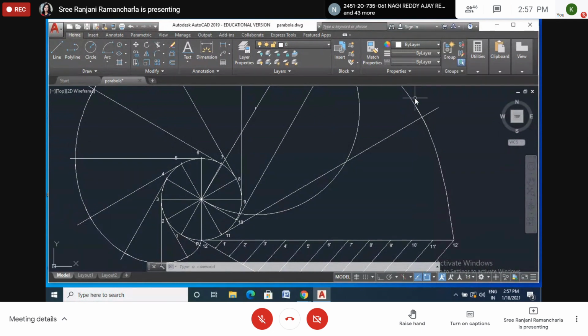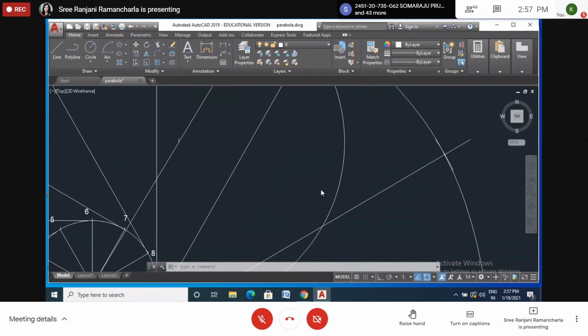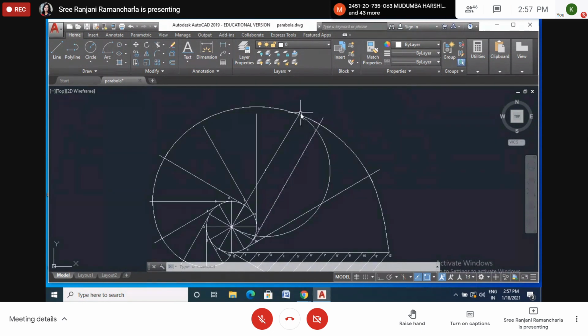Yes, ma'am. What you have to do is, again I am explaining, take any point on the involute. From that point, draw a line joining to the center of the circle. Now bisect this line.